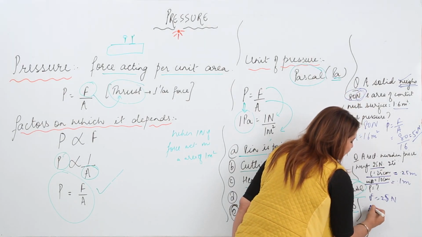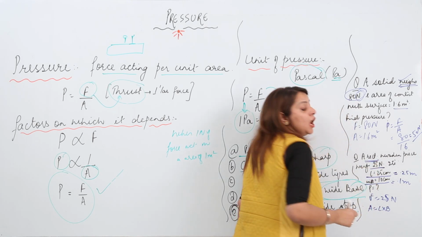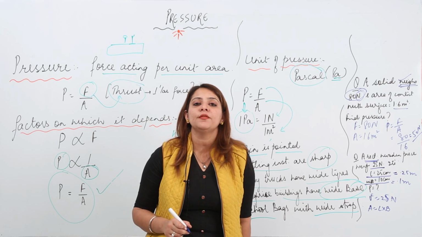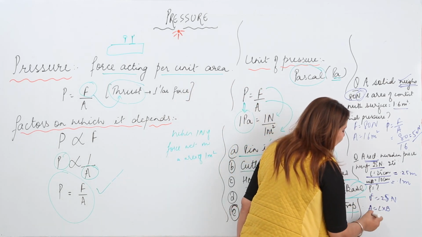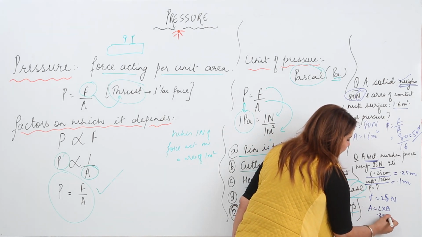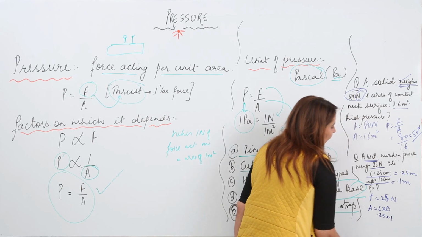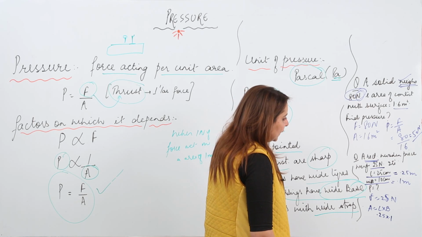We can get the area by multiplying length into breadth, because it is a rectangular block. So the area is 0.25 into 0.1.